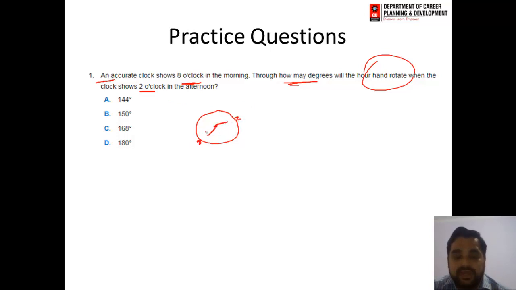That means between 8 and 2 there is a space difference of 5, 10, 15, 20, 25 and 30. There is a space difference of 30 minutes, and we know that 360 degrees of difference we have for 180 minutes.